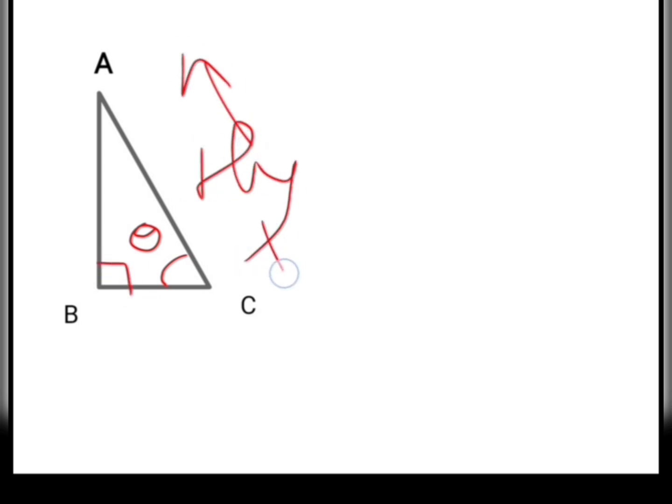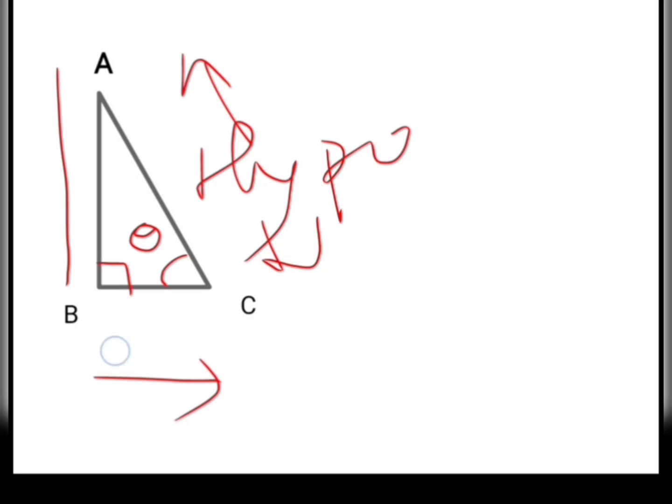That is, AC is called the hypotenuse side. The side opposite to angle theta, that is AB, is called the opposite side. The remaining side is called the adjacent side.